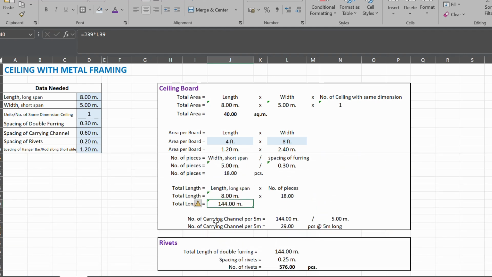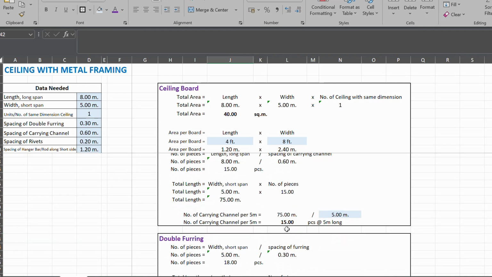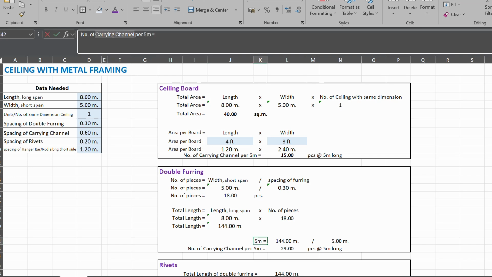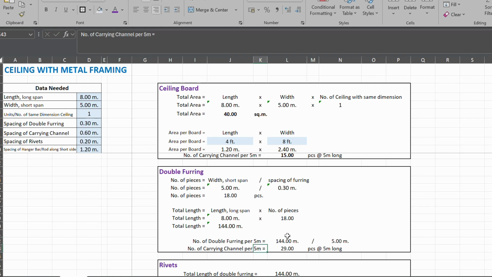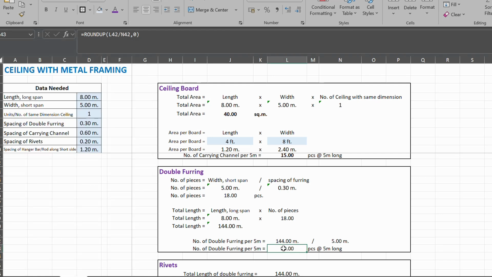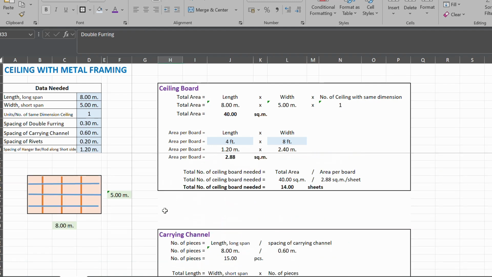Again, if we have a commercial length of 5 meters per piece, this is not the carrying channel, this is the double furring. So 144 divided by 5 is 28.8, rounded up, 29 pieces at 5 meters long. So that is our double furring.